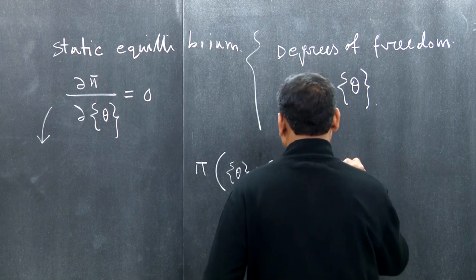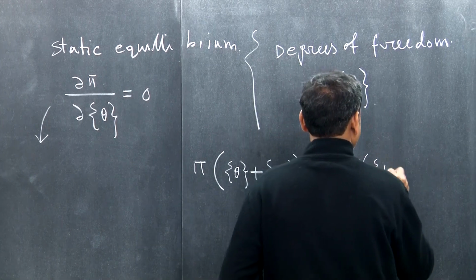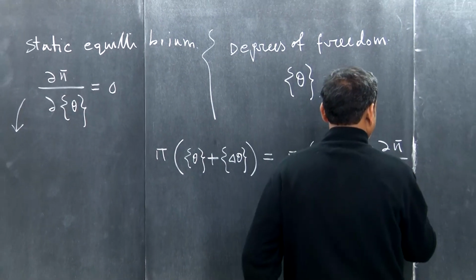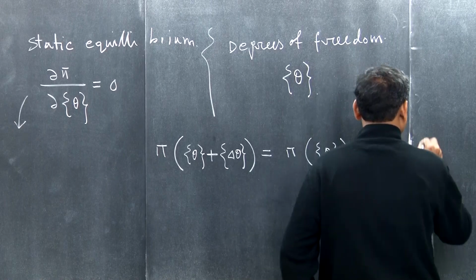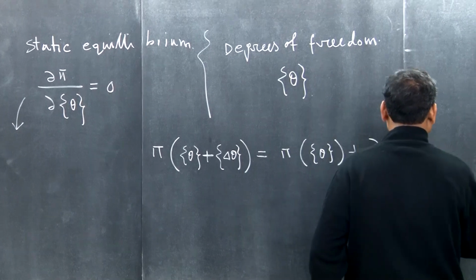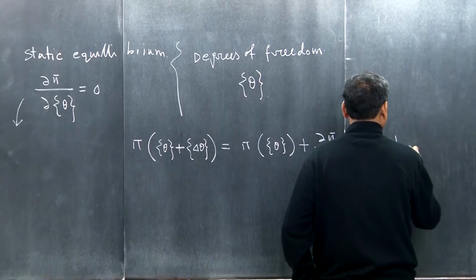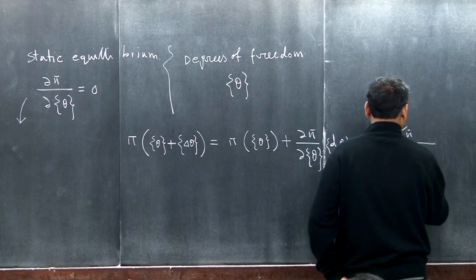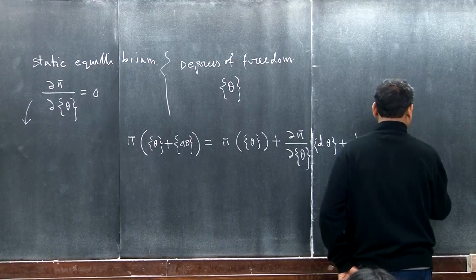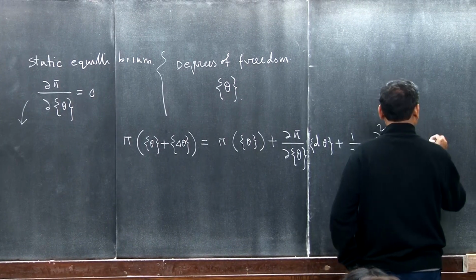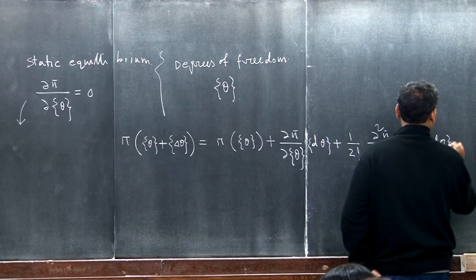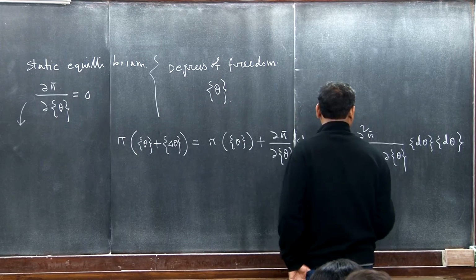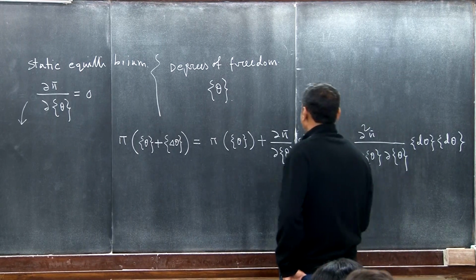Then, if you can recall, pi of theta, plus del pi del theta d theta, plus one over factorial 2 del 2 pi del theta del theta d theta d theta.